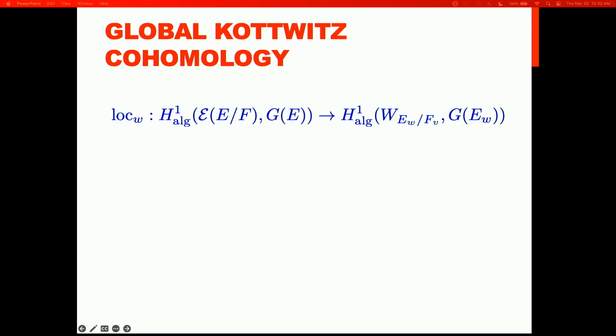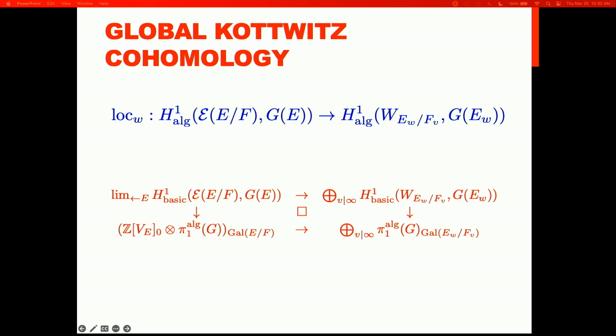This global Kottwitz cohomology comes with some other structure that I don't have time to explain in great detail. There's a localization map from the cohomology of E over F to the local algebraic cohomology of the Weil groups, as you might expect, though it's, again, slightly harder to define than you might naively have guessed.